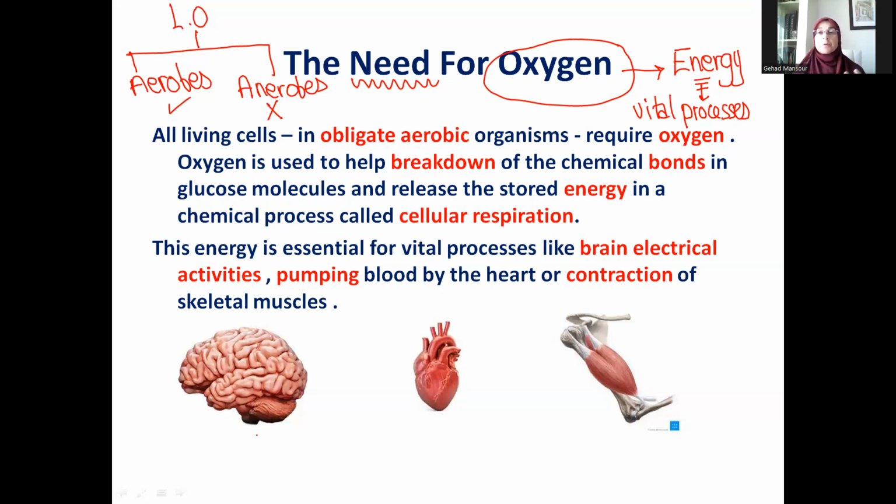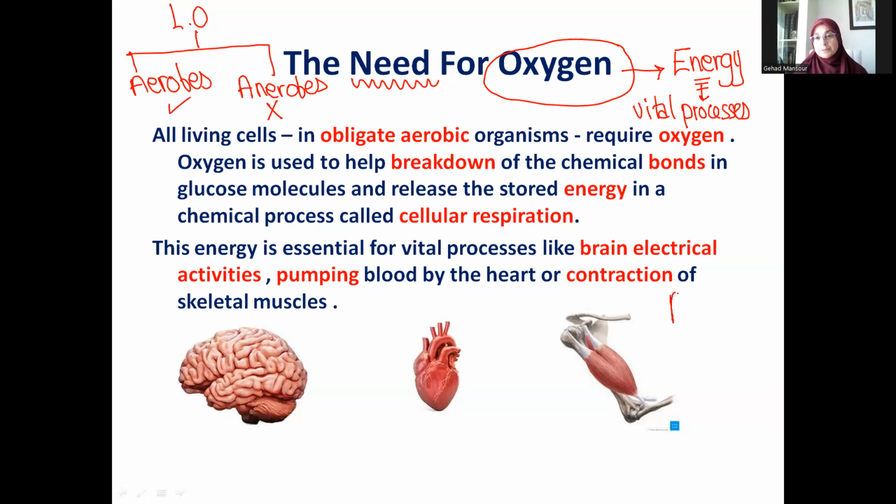And that's why most anaerobes that can produce energy in the absence of oxygen are small organisms or one-celled organisms, whereas most multi-celled organisms and higher and more developed organisms are aerobes.